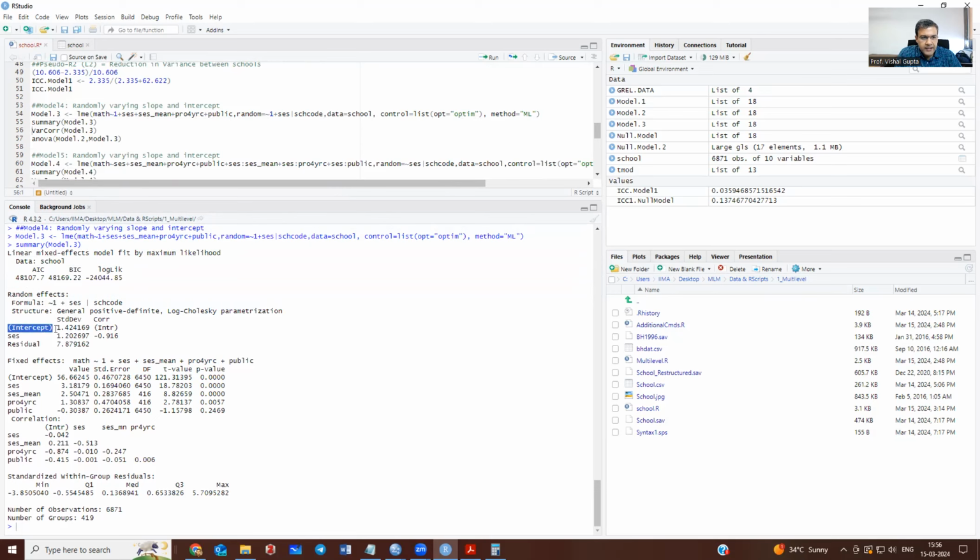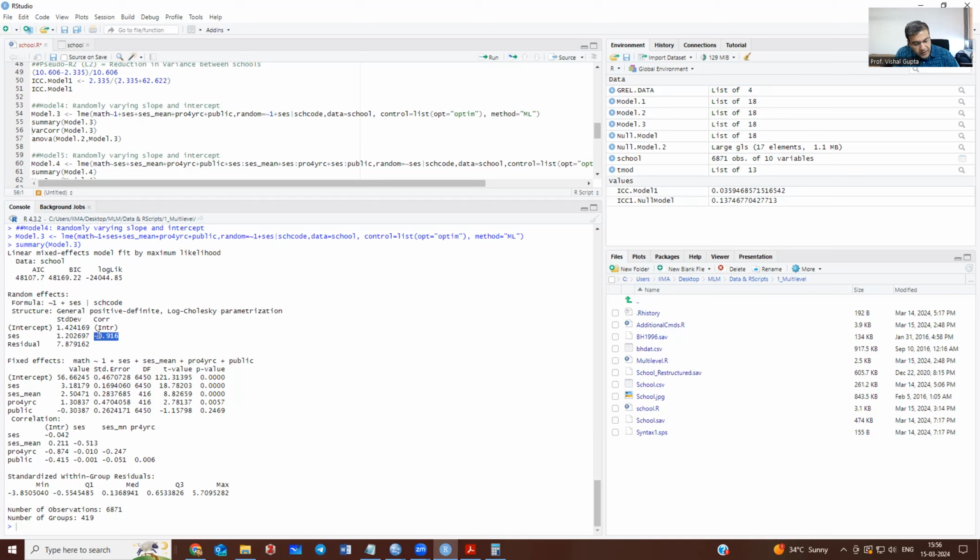Now you start seeing that there are 3 random effects, associated with the intercept, associated with SES, and associated with the residual. And you see there is another which says correlation, and the correlation comes out to be minus 0.916. Now what is this correlation?